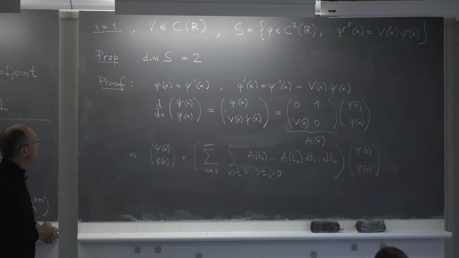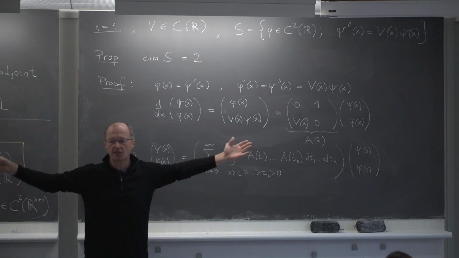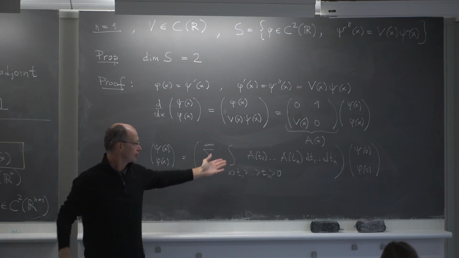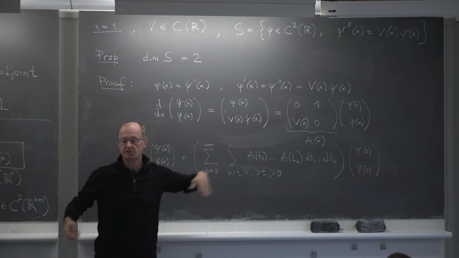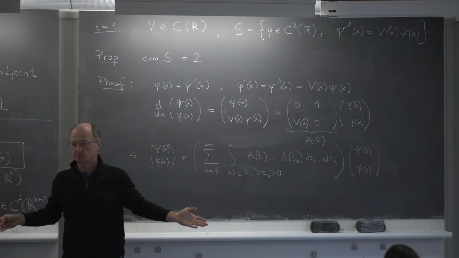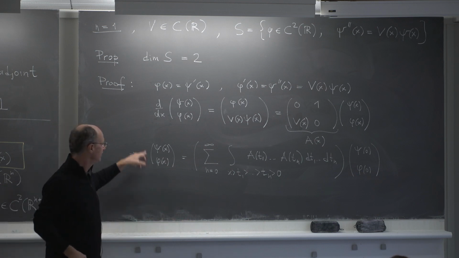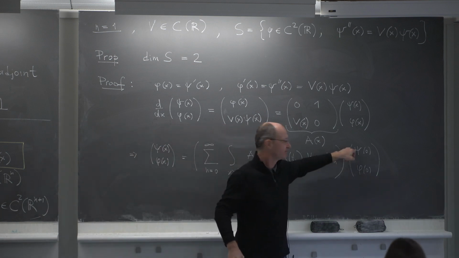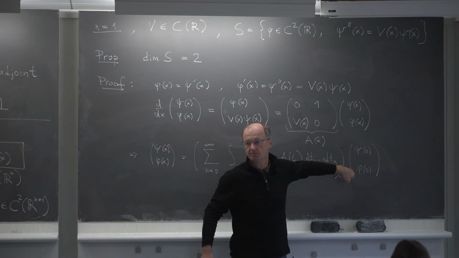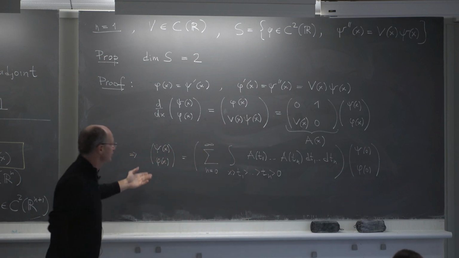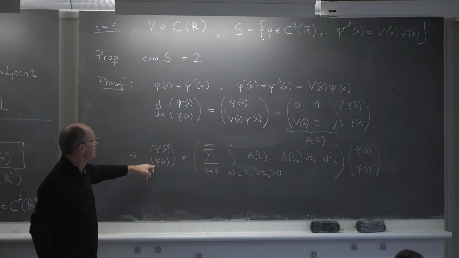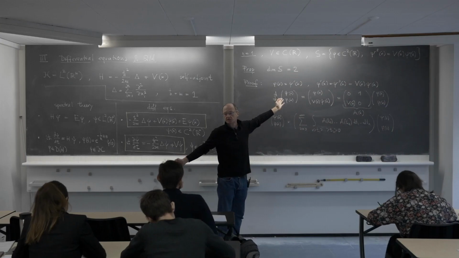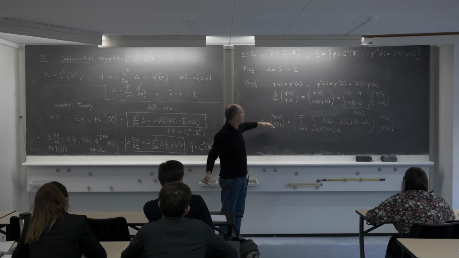Now V is continuous, so I can take any compact segment and it will be bounded there. So all those integrals, all this series, converges very well. And it defines for us this psi of x, phi of x as a function of psi of 0, phi of 0. So then it's easy to see that this thing is a solution to this equation. That's what we checked in the exercise in the problem set.